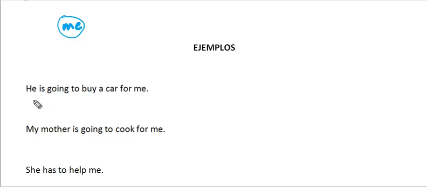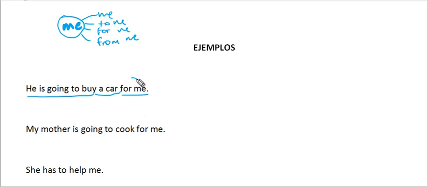At this point, you already know how to say he's going to buy a car, but you don't know how to say he's going to buy a car for me. So that for me is going to be me, because me means four different things in Spanish. Me means me, to me, for me, and from me.